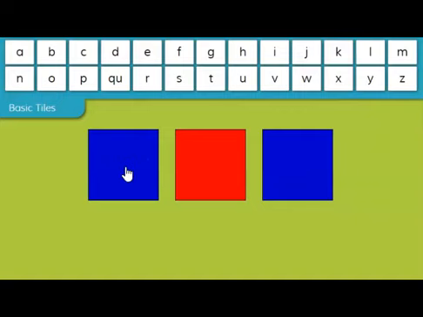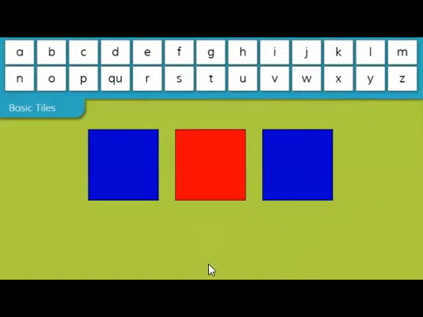The first sound you hear in the word pop is P. Now think about the last sound, the final sound that you hear in the word pop. Let's say it again. Try it with me. Pop. The final sound. Which square would the final sound be? That's right. This is the final sound. And that sound is P.